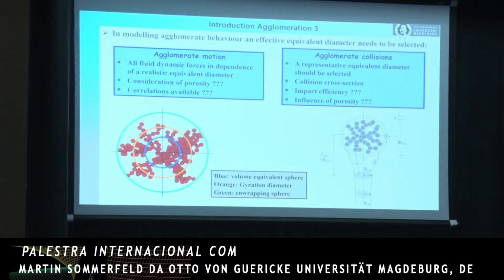But there are also locations where this particle is not hitting, missing the aggregate. So then what's the correct cross section? Is there an impact efficiency? So if you see in this picture, yes, there is an impact.